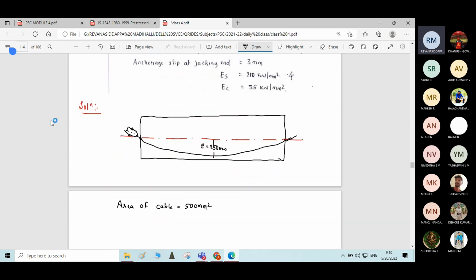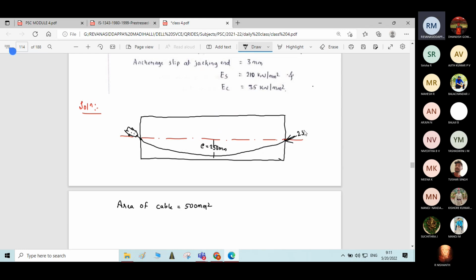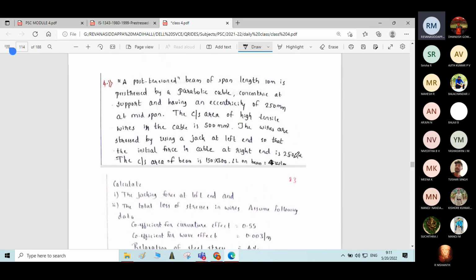So the jack is pulled in such a way that the initial force in the cable on the right end is 250 kilonewton. After jacking the cable, the initial pre-stress induced in the concrete is 250 kilonewton.